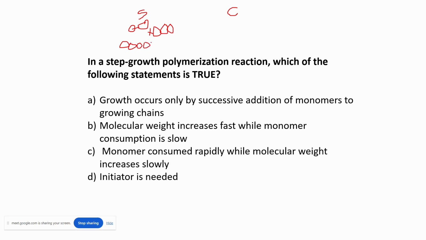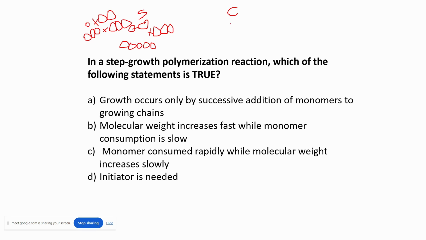This is step reaction, where one monomer can add to a chain of two, or a dimer or one oligomer can attach with another and form a bigger chain. So this is the step reaction.